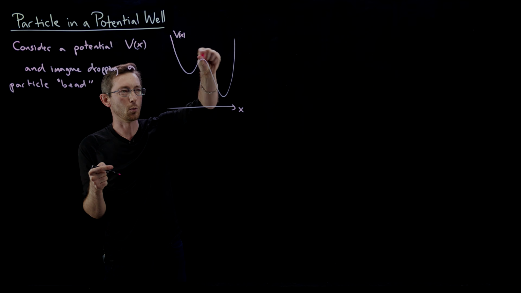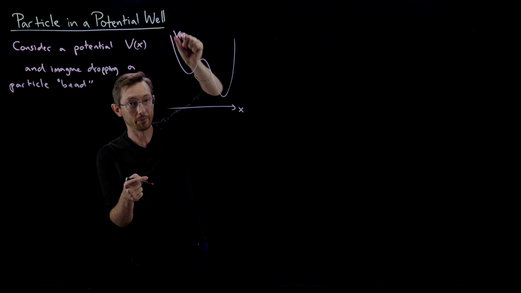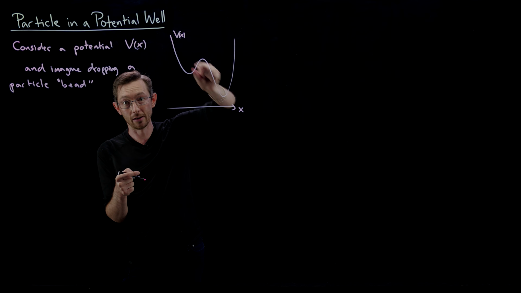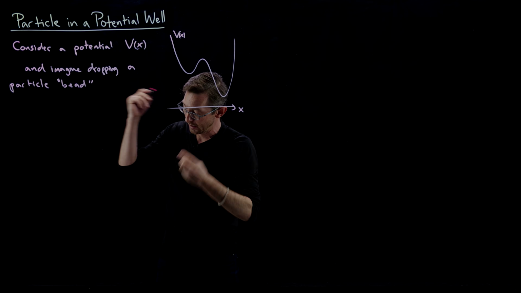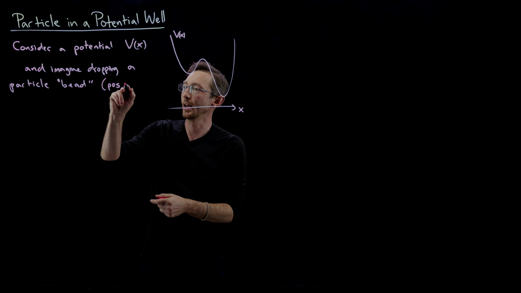So I think of this sometimes as a wire, and I've got a little bead that can slip on that wire with no friction, and it can move around on that potential surface. So our bead has position x.